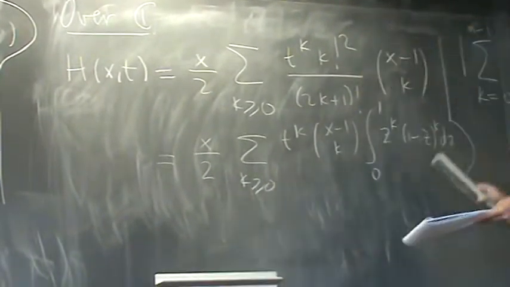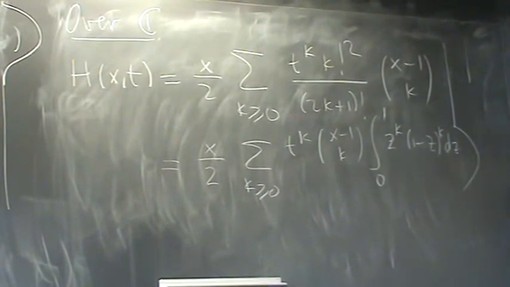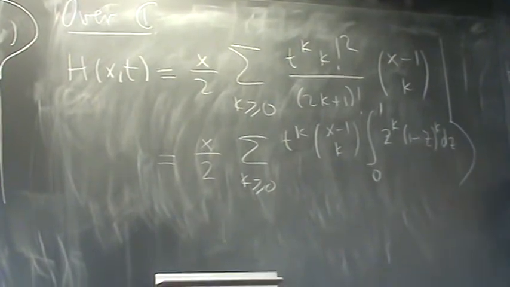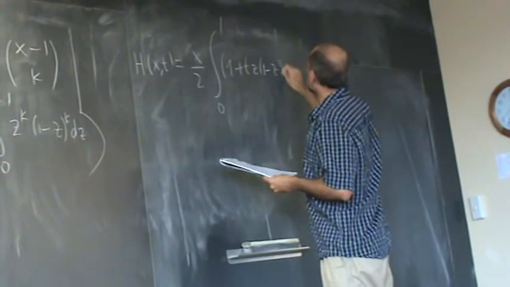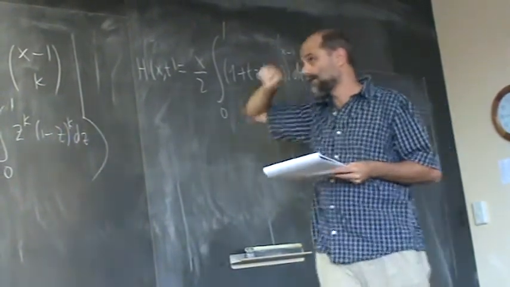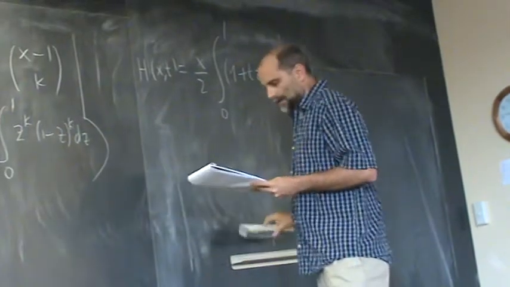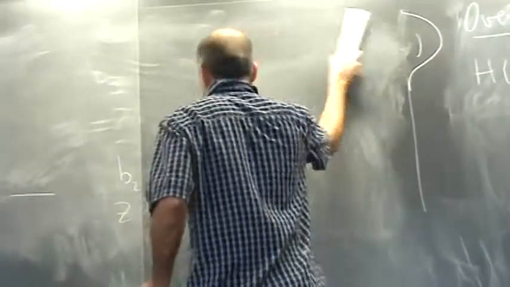And now you have a sum of a geometric series inside the integral. So you can write this whole function as the integral from 0 to 1 of (1 plus t z)(1 minus z) to the x minus 1 dt. So the bn's are the power series coefficients of this as a function of x.